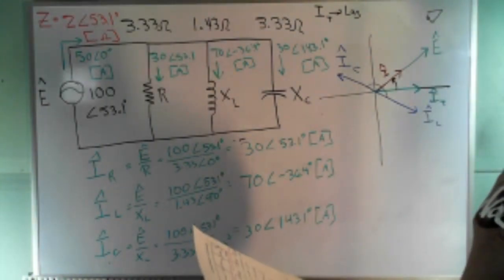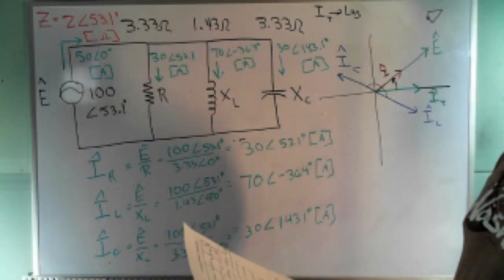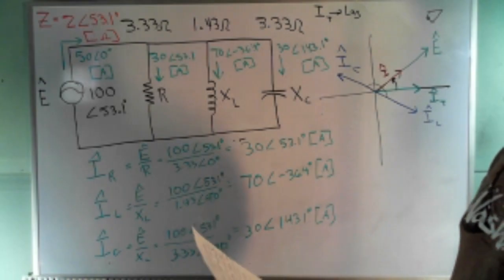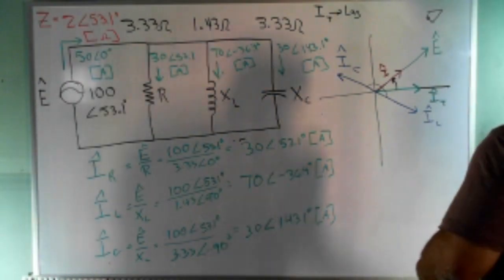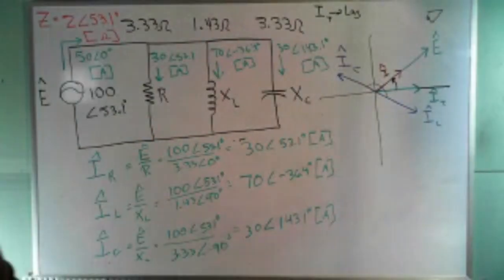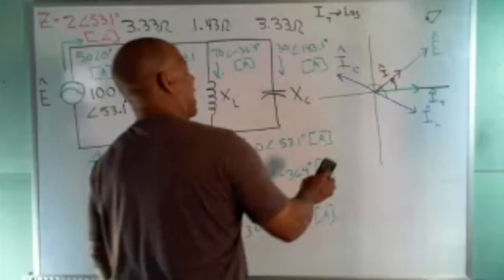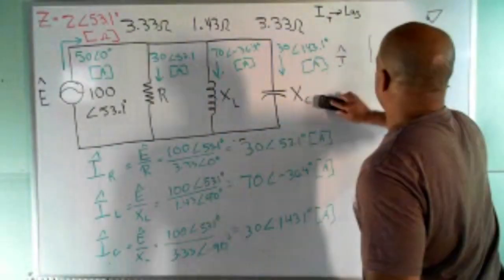It says calculate the total power using PT equals E times I times cosine theta. I showed you in the last class that you can find the power delivered or power dissipated using that equation.